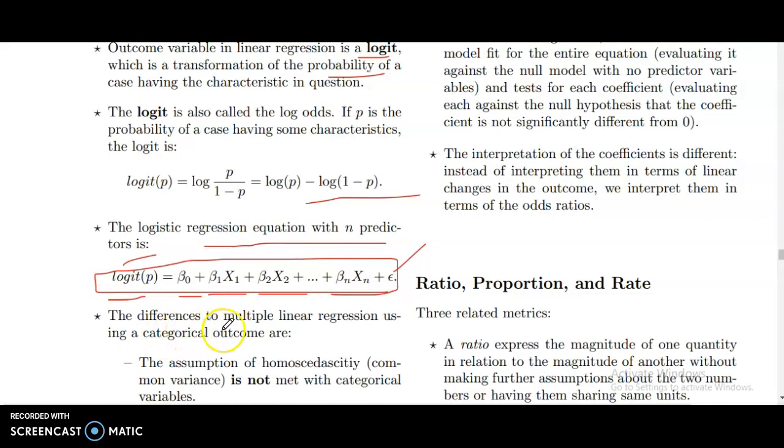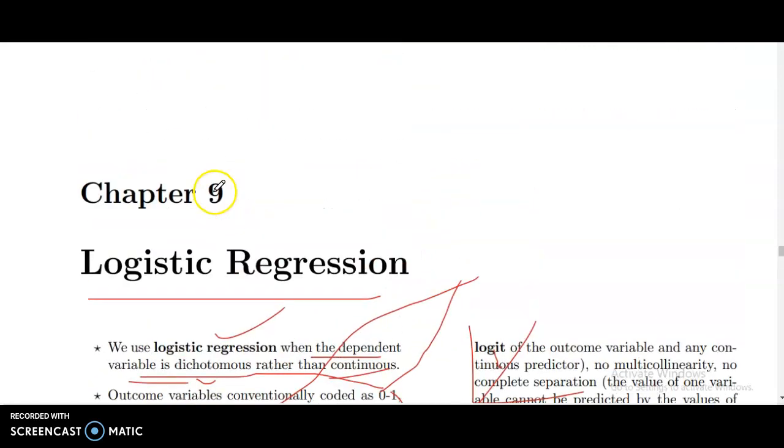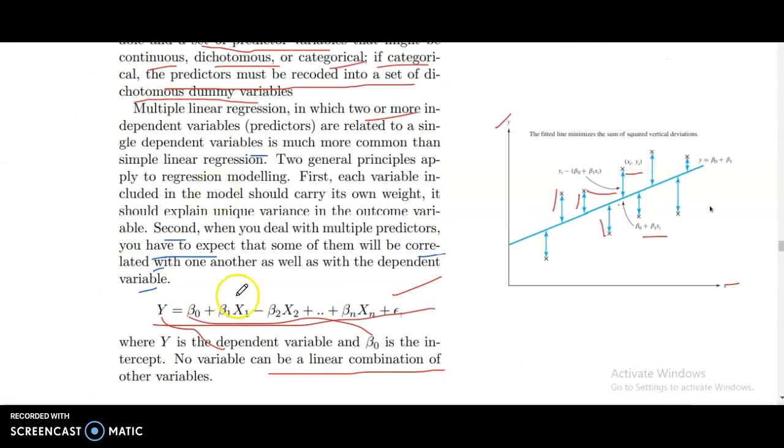Remember, y is the dependent variable and theta naught is the intercept.